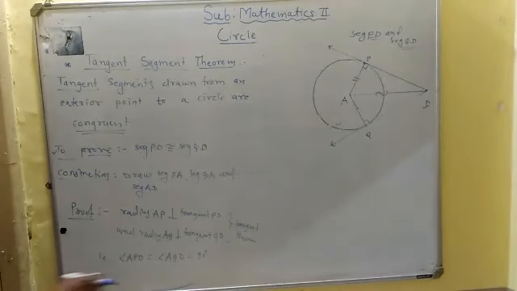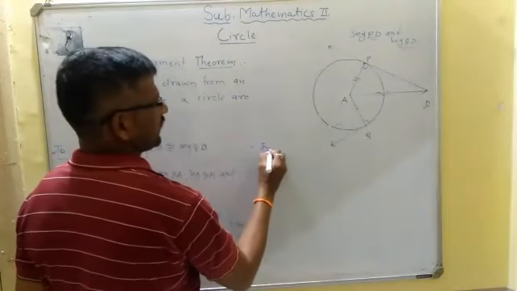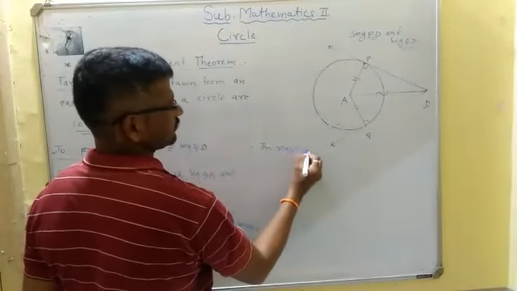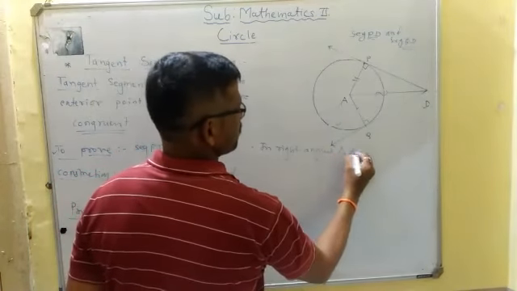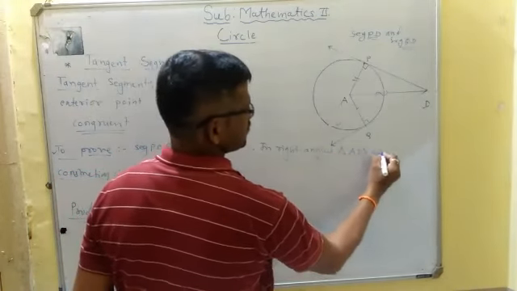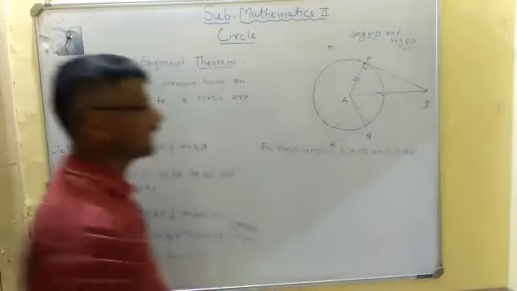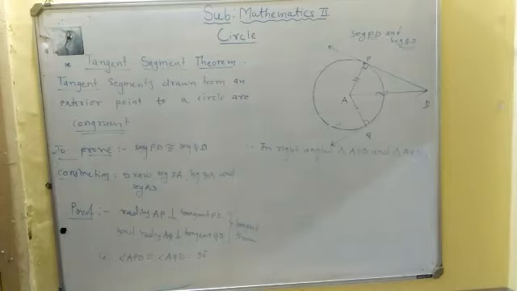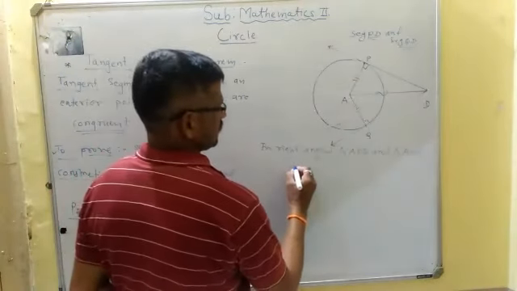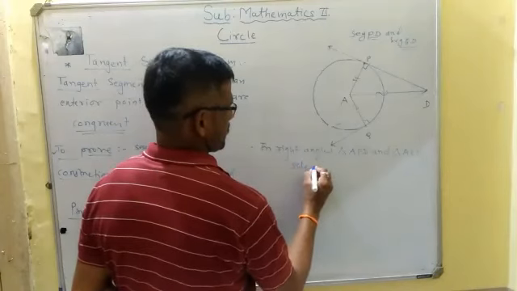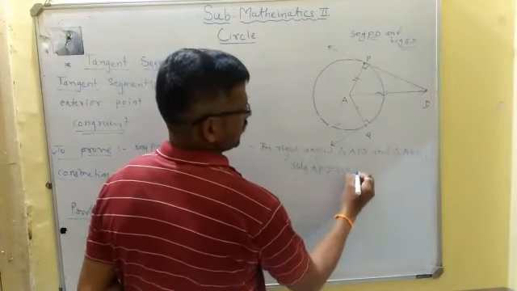The angles are 90 degrees, and henceforth we say that in right angle triangle APD and triangle AQD, in both the right angle triangles, side AP is congruent with side AQ.